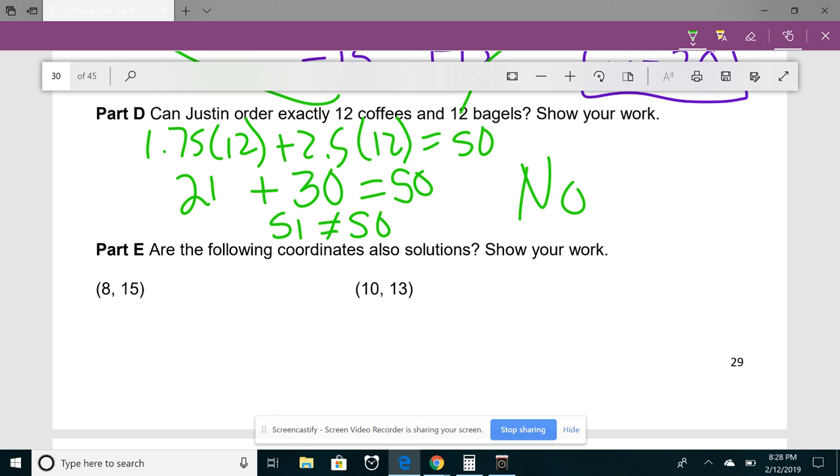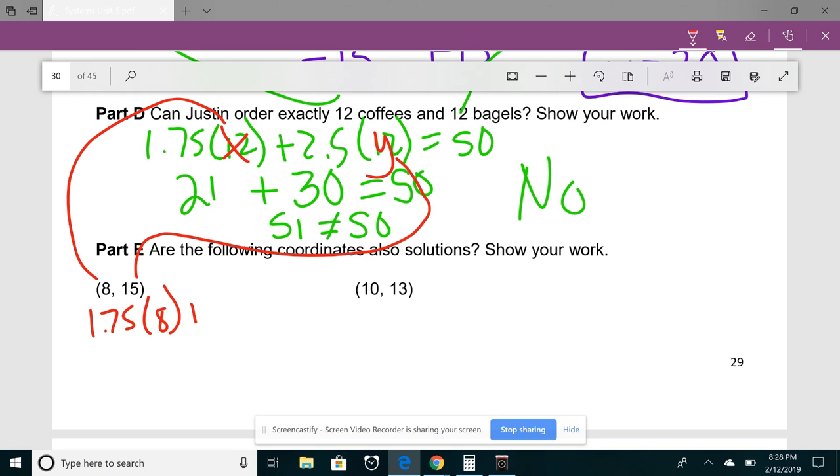Same thing with the coordinates on the bottom. We're just basically plugging in for the x and y in the equation. Remember, this is our x, this is our y. We're going to plug in 8. We're going to plug in 15. So we have $1.75 times 8 plus 2.5 times 15. And we're going to see if that equals 50.